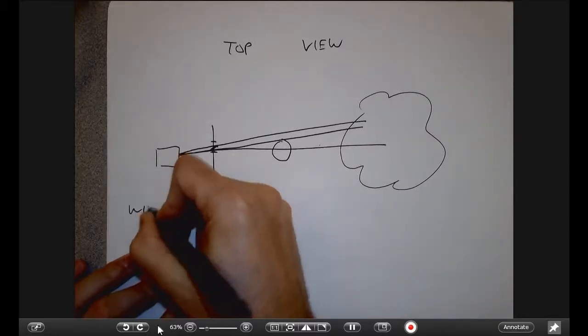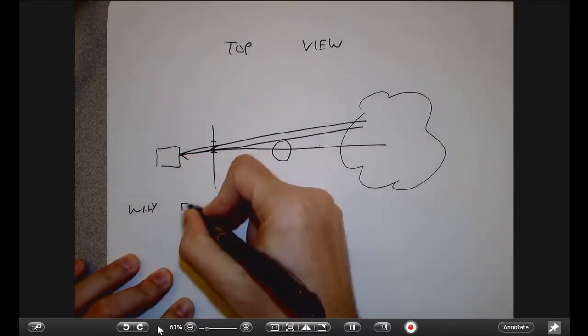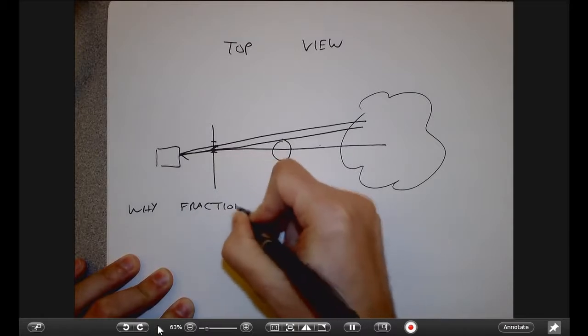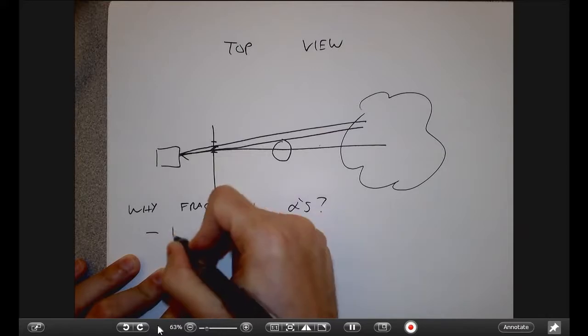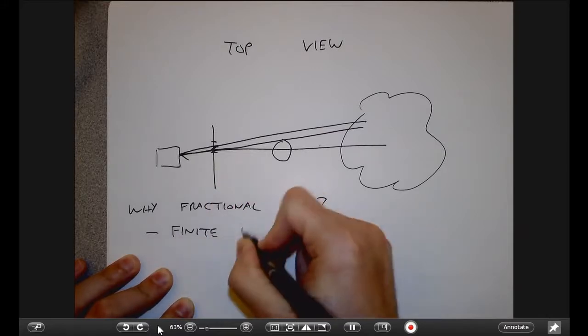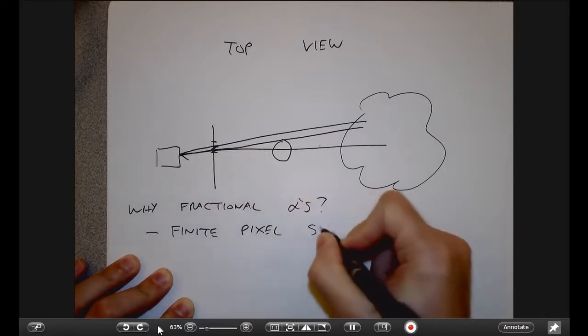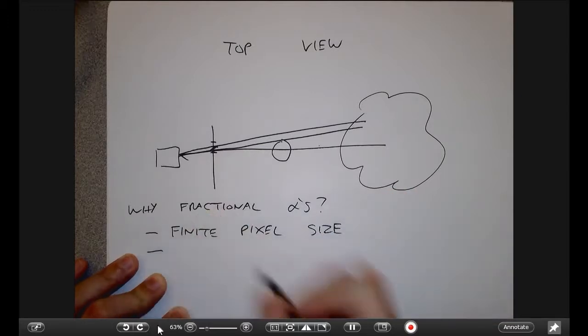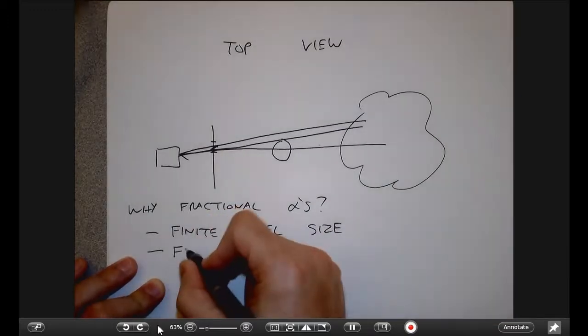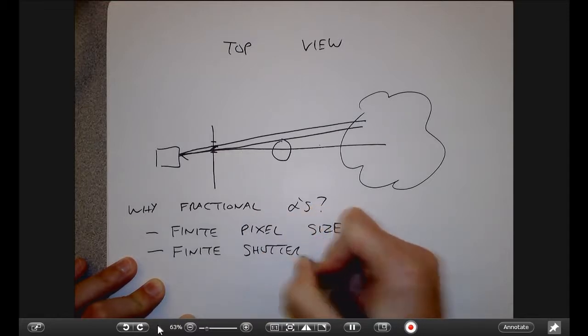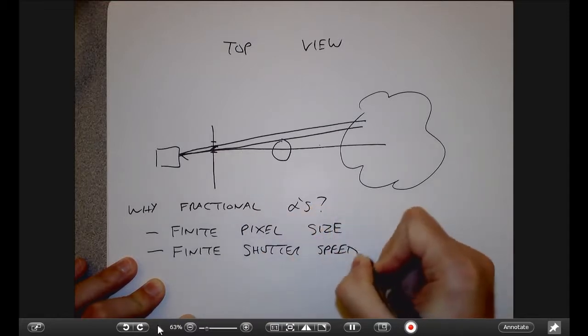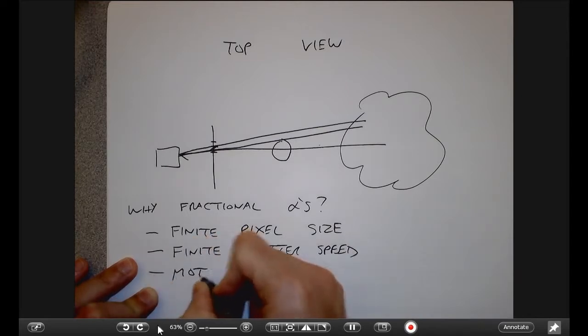So, let me just summarize by saying, why fractional alphas? One big reason is finite pixel size. Another reason is finite shutter speed, things like motion blur.